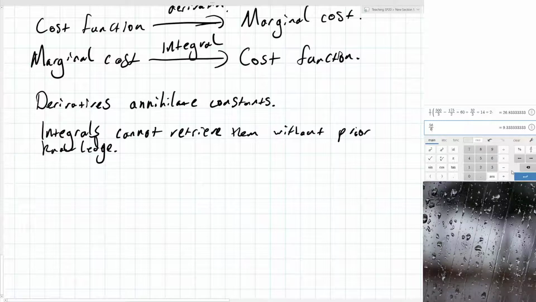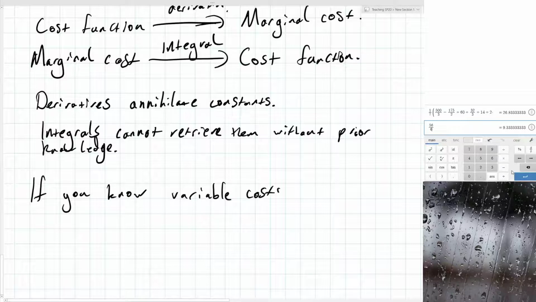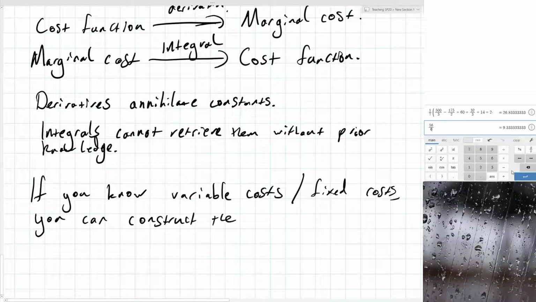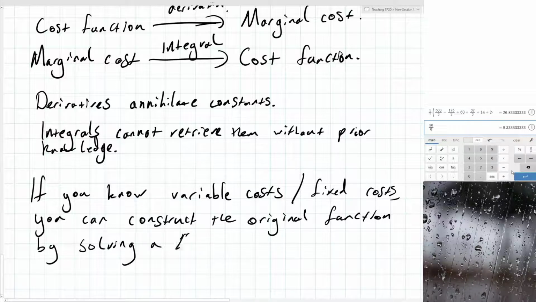In some sense, if you know variable costs and fixed costs, you can construct the original function by solving a differential equation.